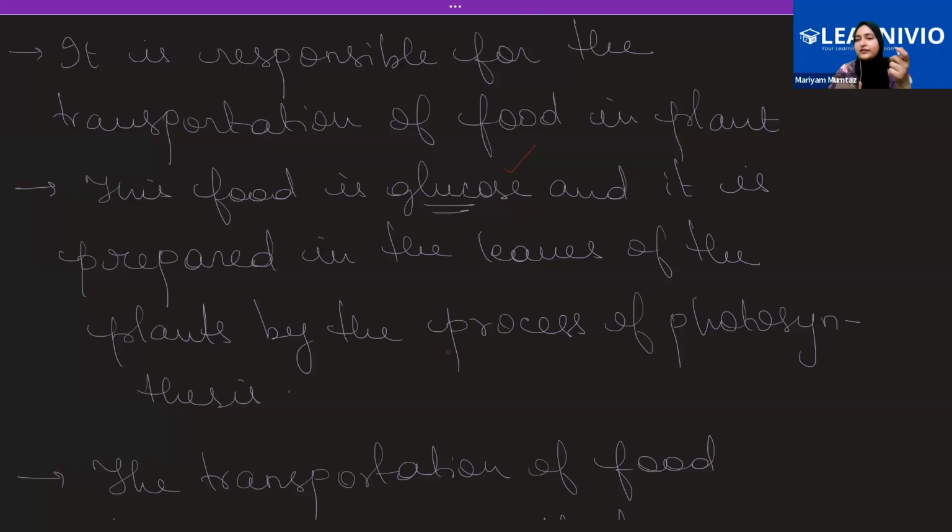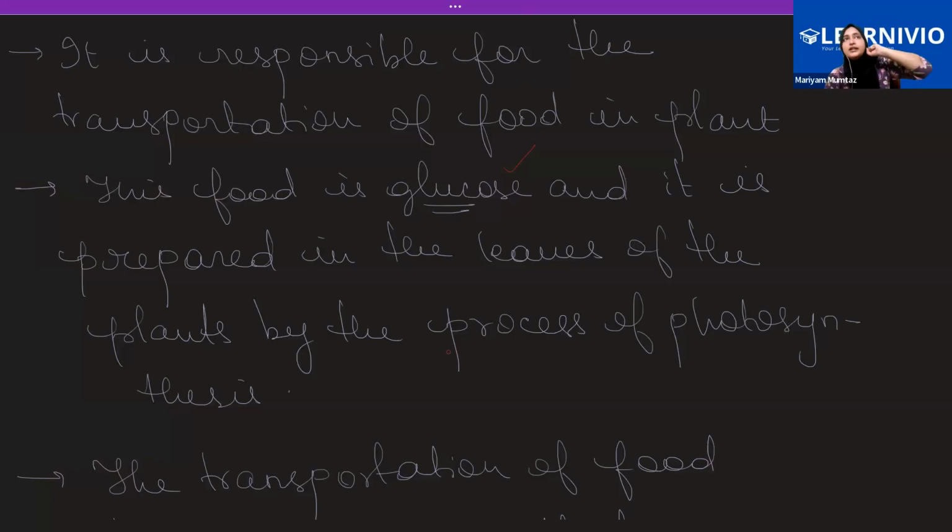What does the chlorophyll do? Does anyone know this? Trap the sunlight. Exactly. The chlorophyll is responsible for trapping the sunlight. So it provides the solar energy to the plant, and thereby the photosynthesis continues. So the food is prepared in the leaves.